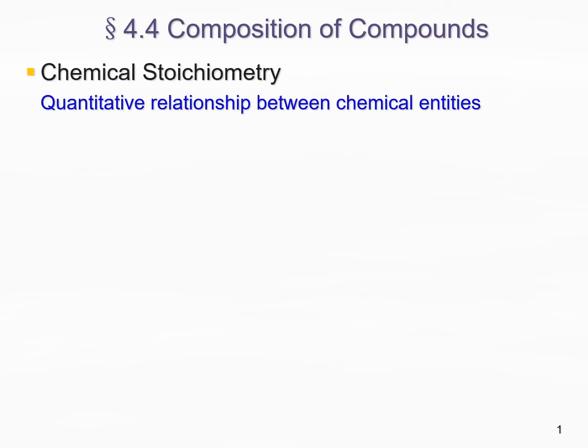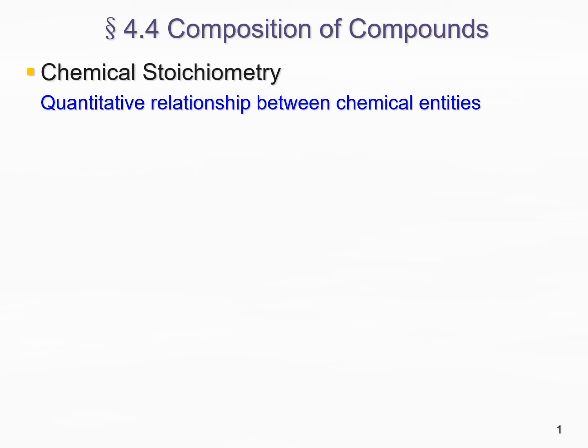In this lecture, we start with our second aspect of stoichiometry, which is on compounds. Remember, stoichiometry is the quantitative relationship between the chemical entities. In our last lectures, we focused on the different entities as reactants and products, but we can also focus on the entities that are in the chemical compounds.